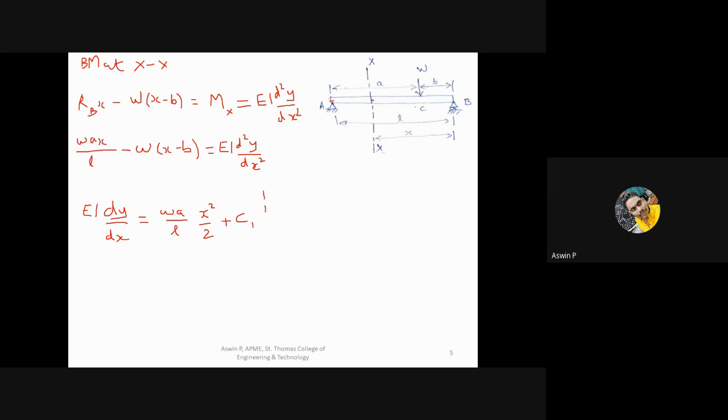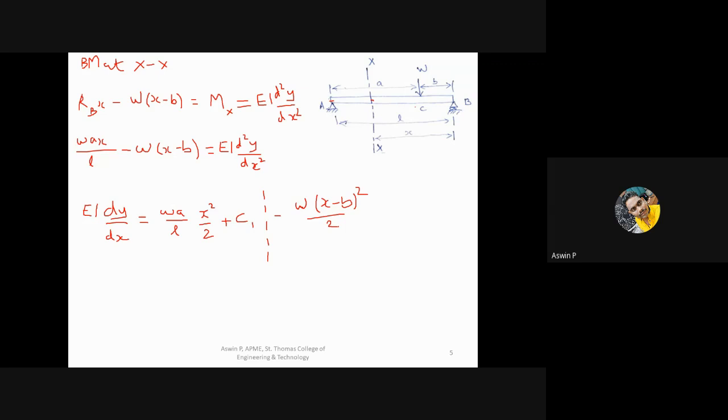So I will split this part, and the second part will become W into x minus b, taken as a common term, that is x minus b whole square divided by 2. This is an important term. Whenever you look at some NPTEL videos or any videos, this equation is integrated as such, and this is a special case integration.